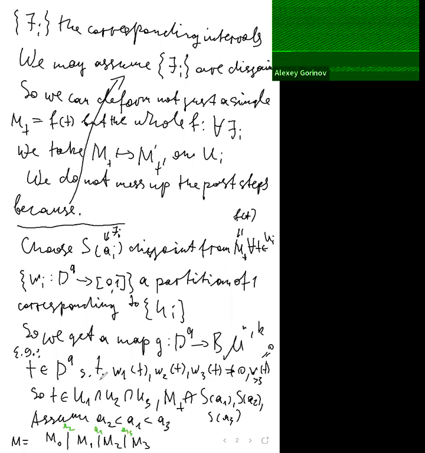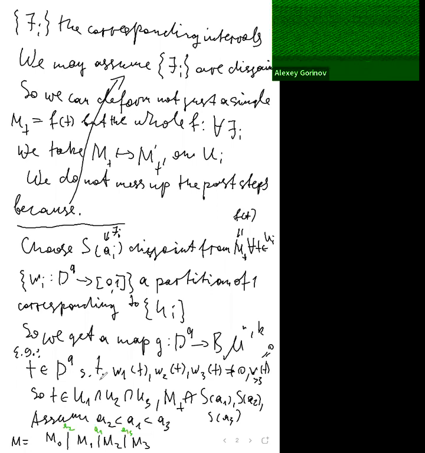For example, if I take 1/3, 1/3, 1/3, this is the center of which standard simplex?